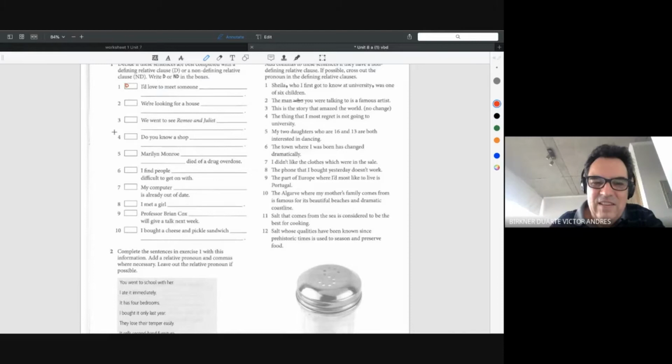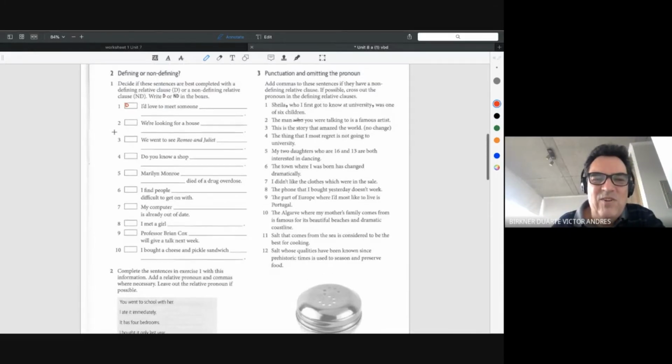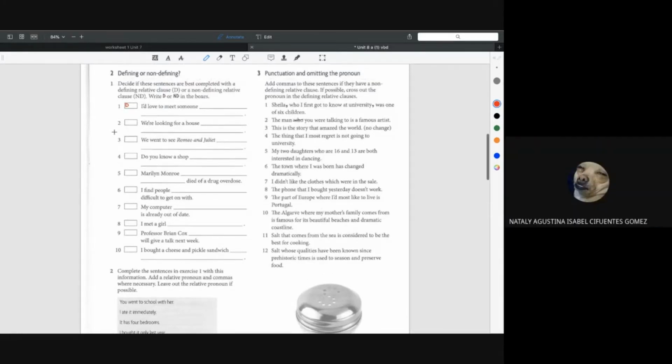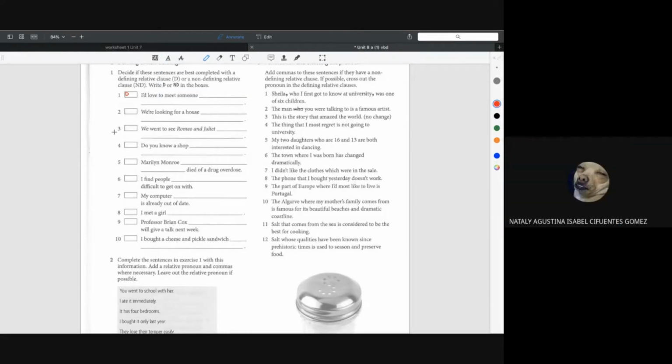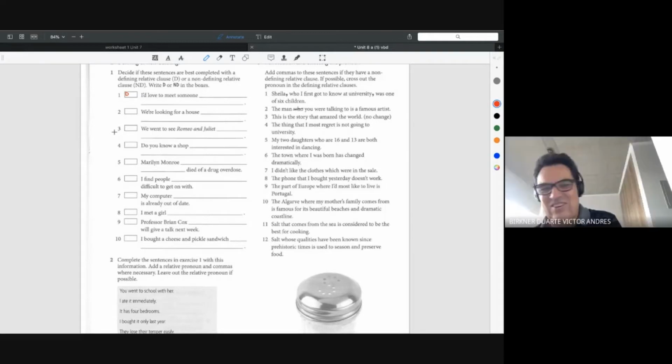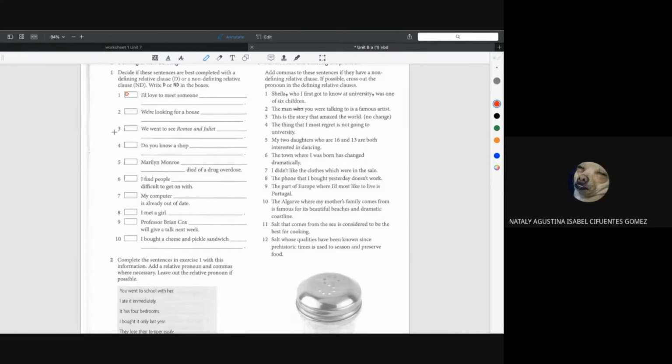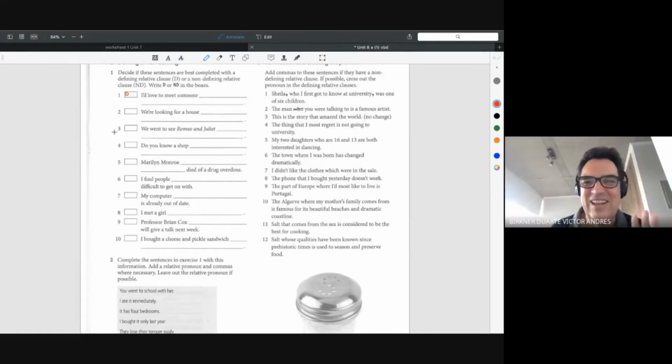Yes, that's what we are going to do. First, we're going to complete the boxes saying if it is defining or non-defining, and then we're going to complete the sentences. I didn't understand, but okay. That's all right. It was a little confusing for me as well at the beginning. After reading several times, I noticed that we first complete the boxes and then complete the exercise.